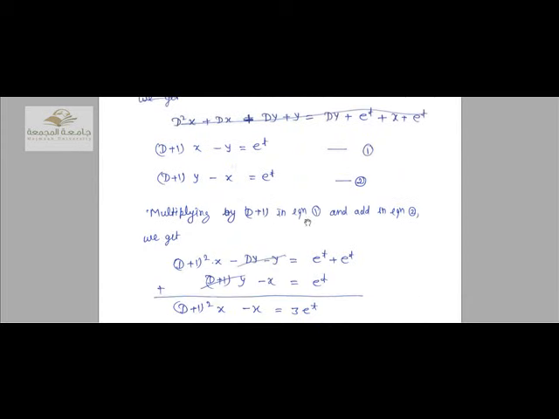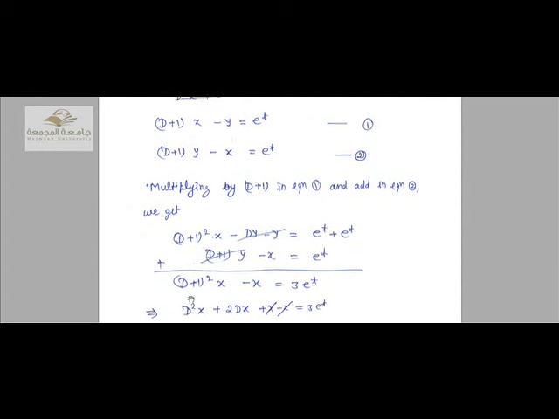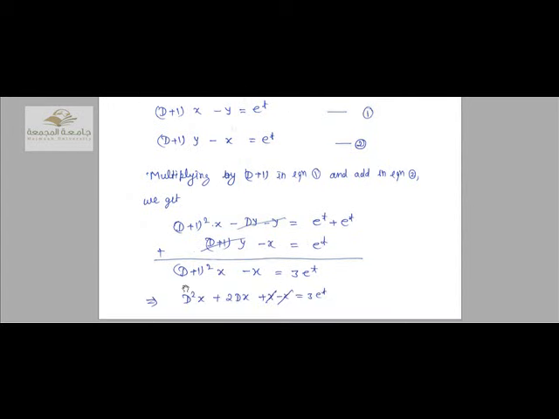Multiplying equation 1 by (D+1) and adding equation 2, we get (D+1)²x − (D+1)y + (D+1)y − x = e^t + e^t. Subtracting, we get (D+1)²x − x = 3e^t, which implies D²x + 2Dx + x − x = 3e^t.